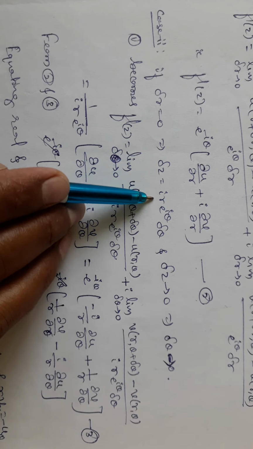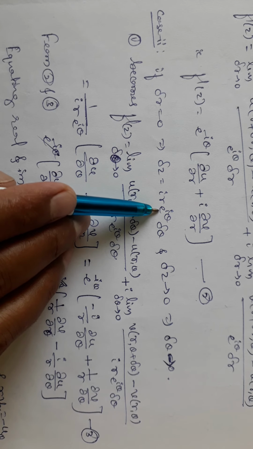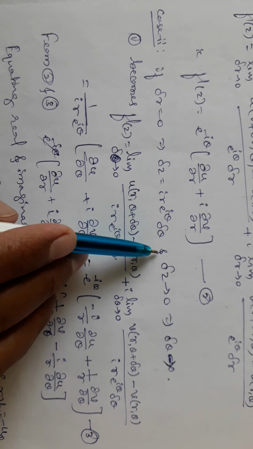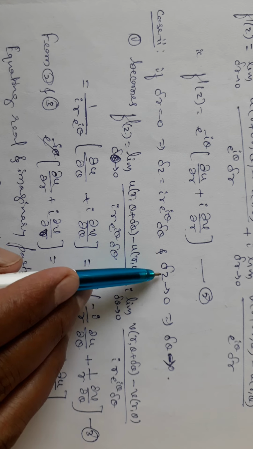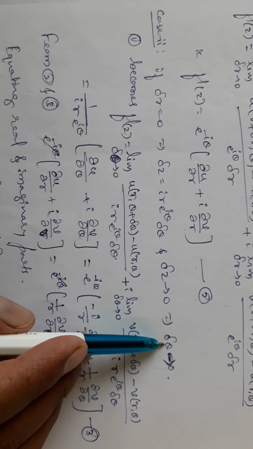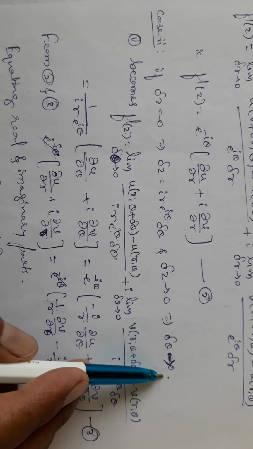That is, if delta r equal to 0, then delta z equal to i into r into e to the power i theta delta theta, and if delta z is tending to 0, then delta theta tending to 0.